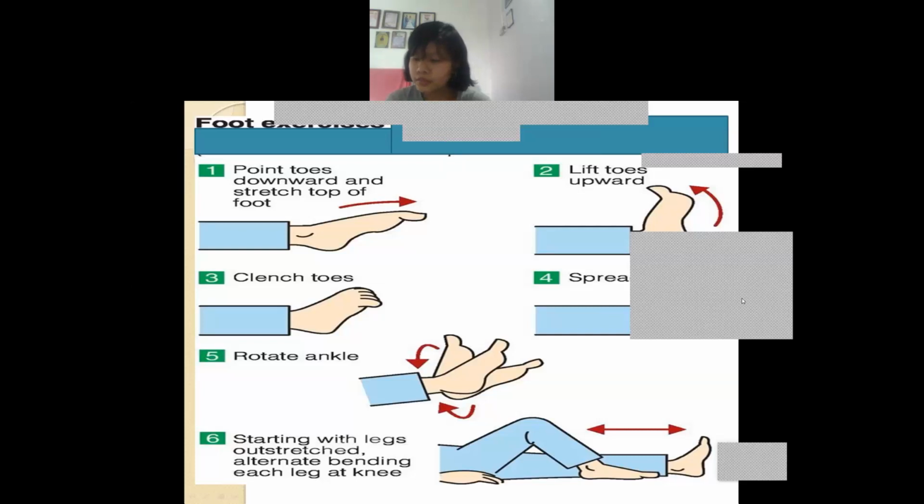I'll give you a hint again. It occurs in the lungs. Can you say? Okay, who is able? Pulmonary embolism. Very good. Pulmonary embolism.